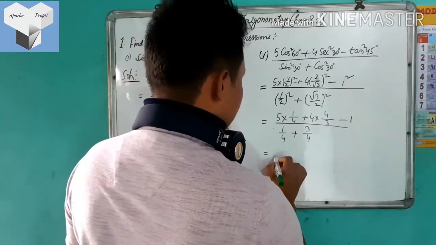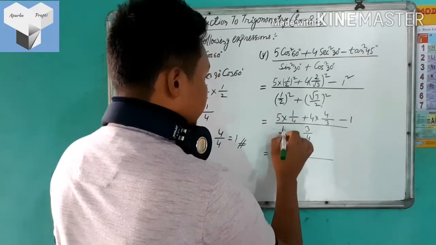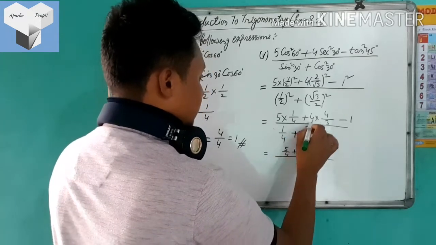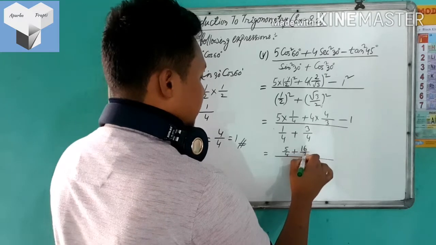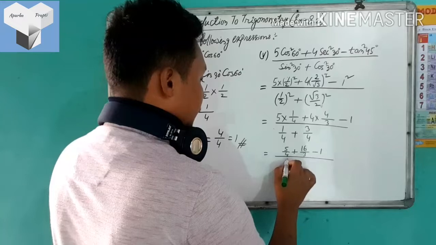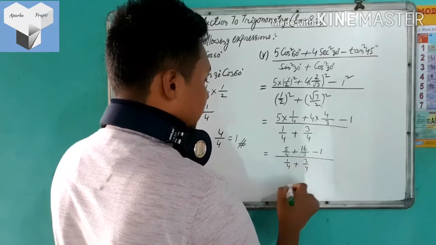So simple, 5 into 1 is 5 divided by 4, plus will remain as plus, 4 4s are 16 divided by 3, minus 1 will remain as minus, 1 by 4 plus 3 by 4.